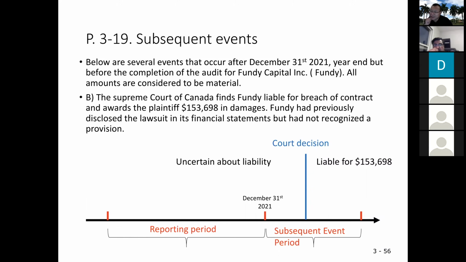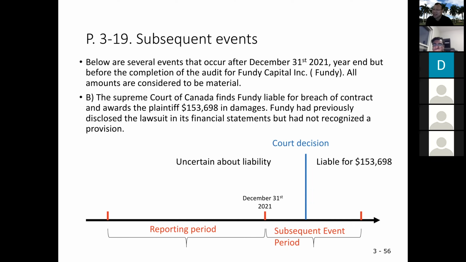Now they know they are liable for this number. What do we need to do here for measurement? You make adjustments to the financial statements to add the numbers? Yes, because for measurement purpose, you have to take information up to the signature date. You already know the liability is this number, so you have to do a financial statement adjustment to recognize the liability.